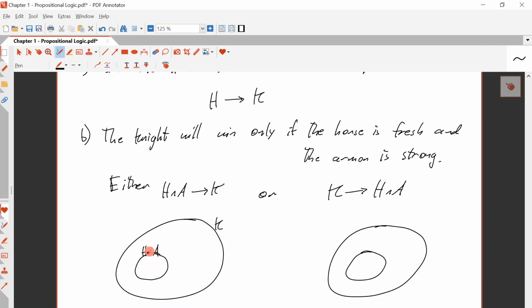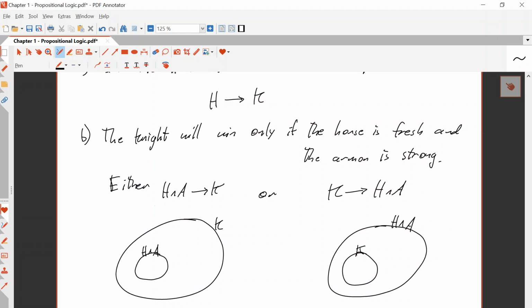Instances where horse is fresh and armor is strong is contained in instances where the knight wins. That's this statement. This statement is the knight wins. Instances where the knight wins are contained within instances of horse is fresh, and armor is strong.